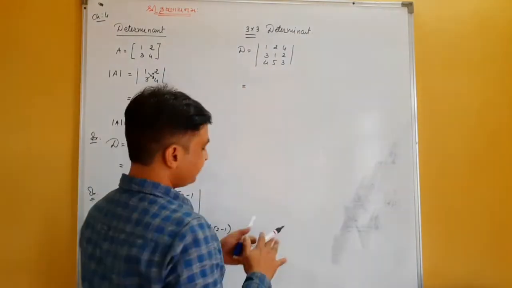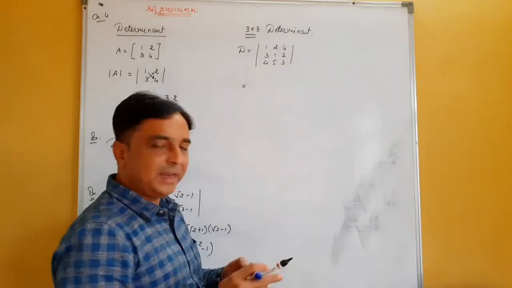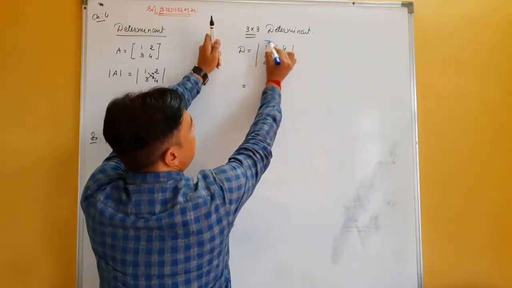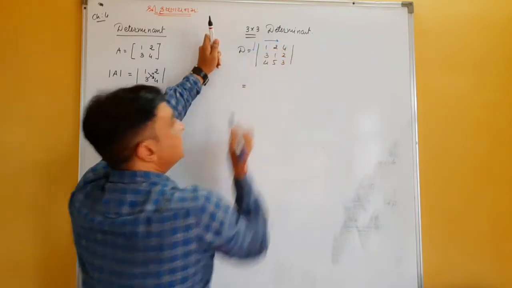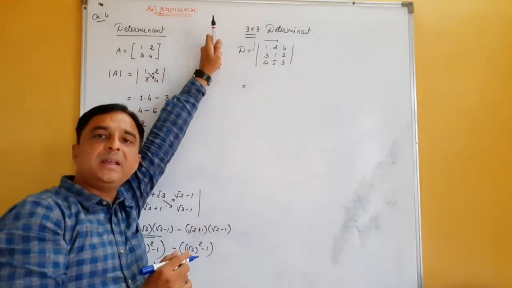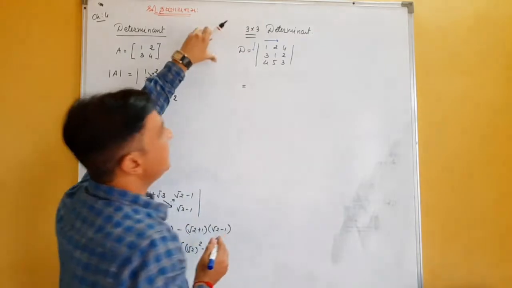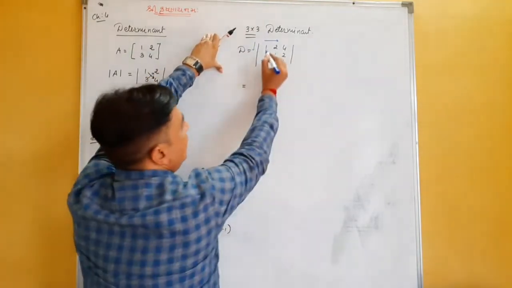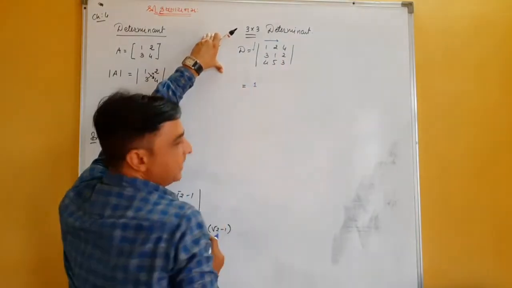To solve a 3 by 3 determinant, begin with any row or any column. We generally use the first row. So first row, first element 1.